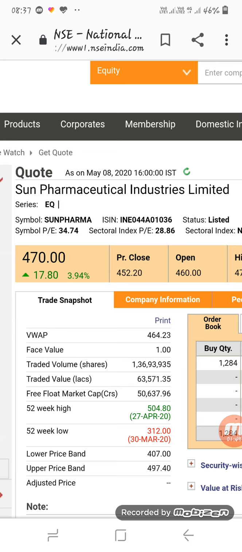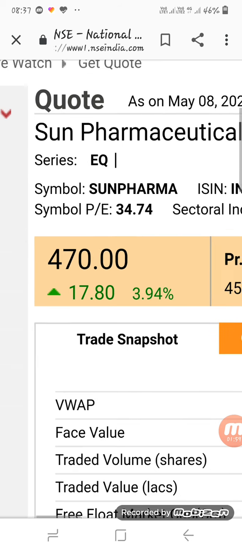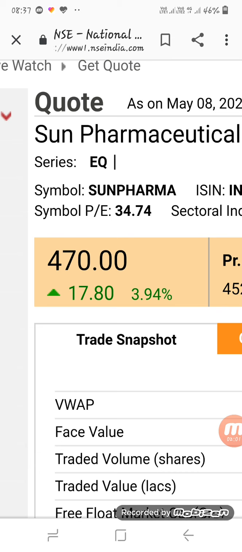If we have some analysis and think that a company is going to increase, the main constraint can be the capital. If we want to buy 1000 shares of Sun Pharma, we have to pay 470 into 1000, which is 4,70,000, plus other charges like brokerage, so the average price may increase and we need more than 4,70,000.